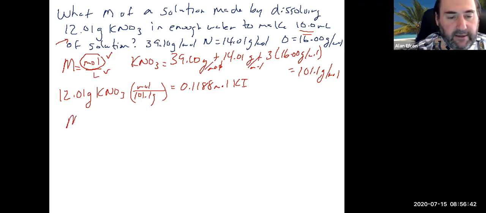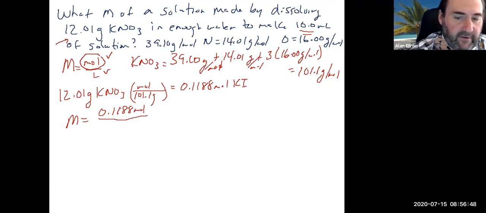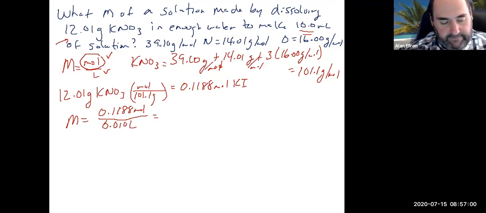So to get the molarity, it would be our 0.1188 moles divided by our volume converted to liters. So we're going to divide it by 1,000, or you could just move the decimal point 3 places to the left there. And that would get us 11.88.